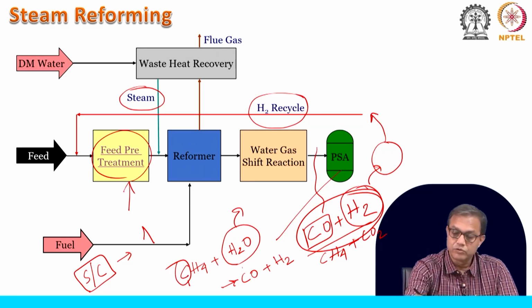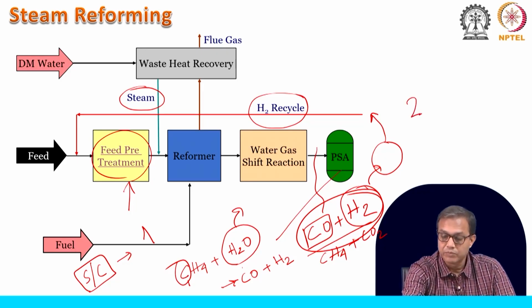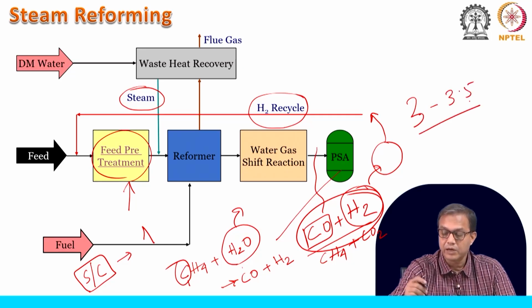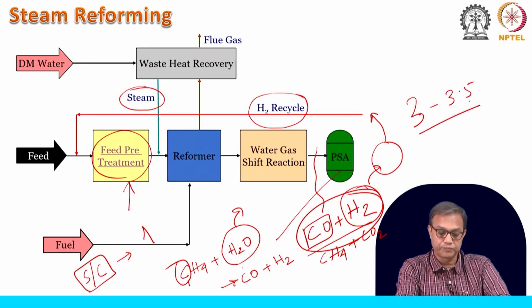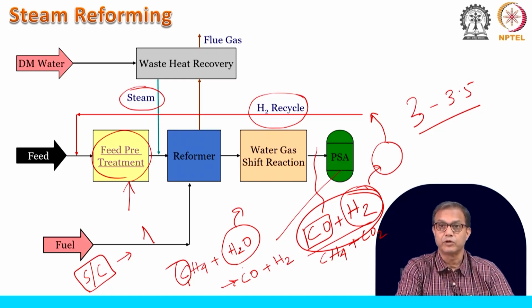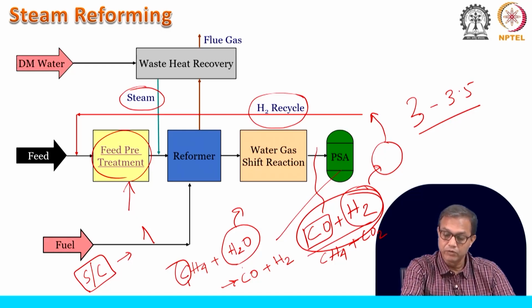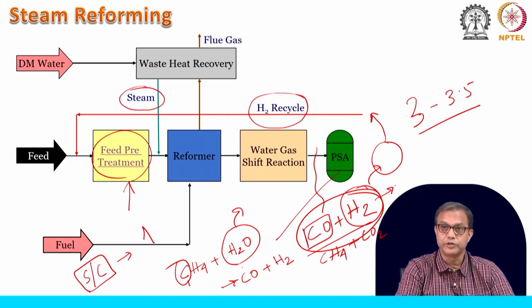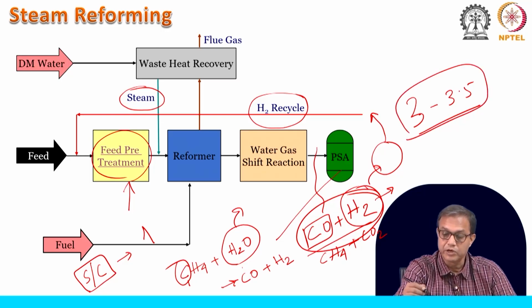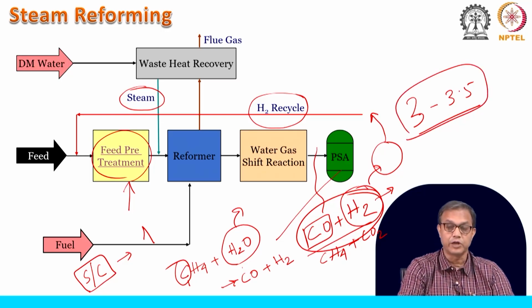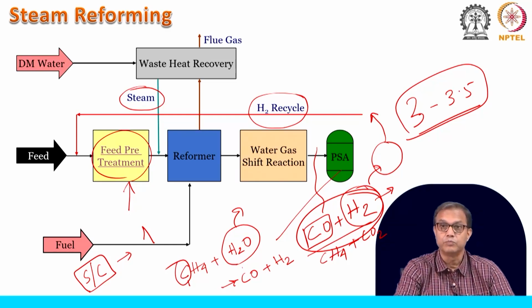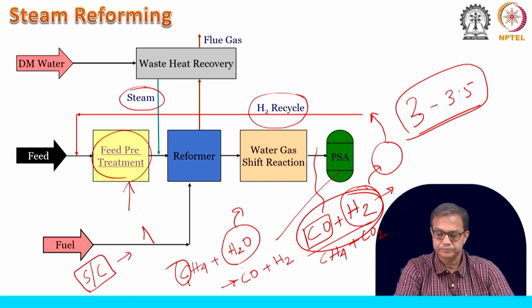But in reality what we will find is that this ratio goes as high as 3.3 to 3.5, and the higher the ratio, the more it will be shifting towards more hydrogen generation. So, if we are looking for more hydrogen, we will try to put more steam in it, but at the cost of definitely more firing or heat input to the system.